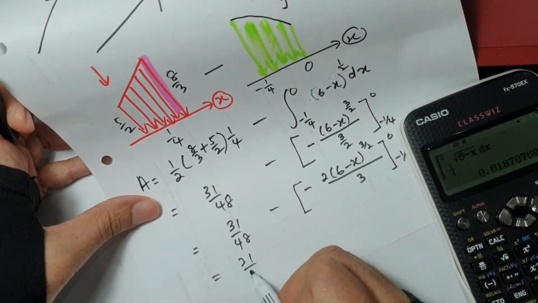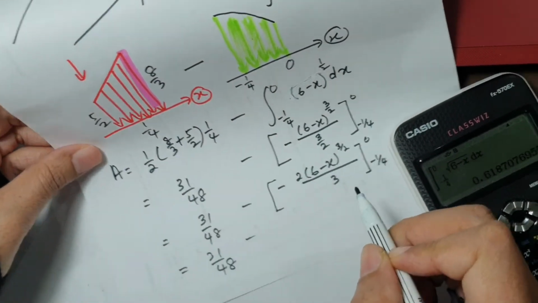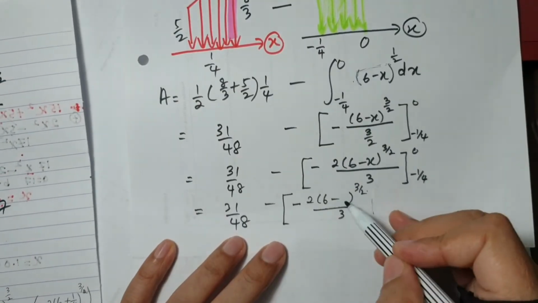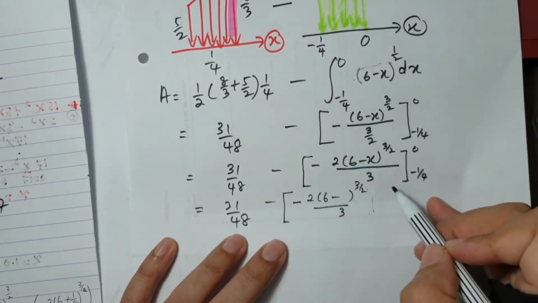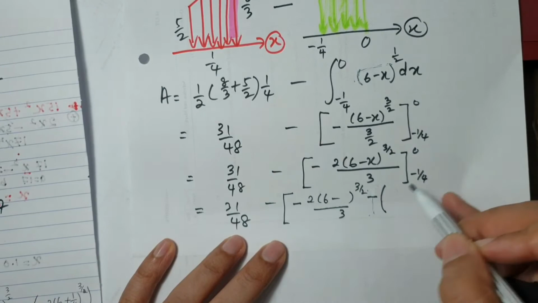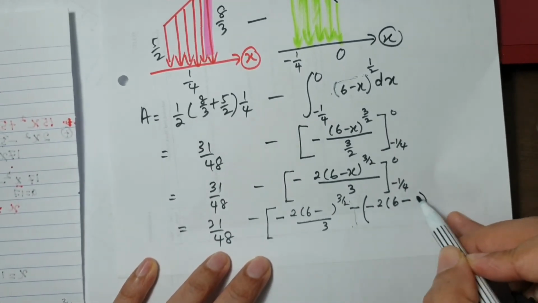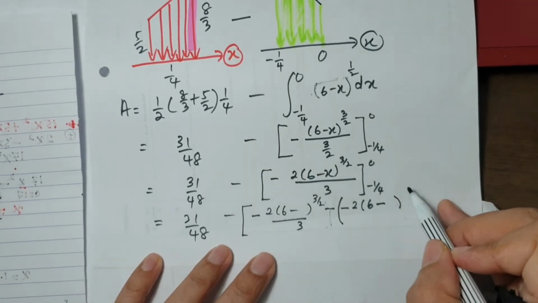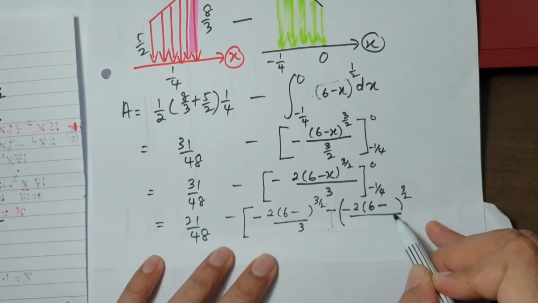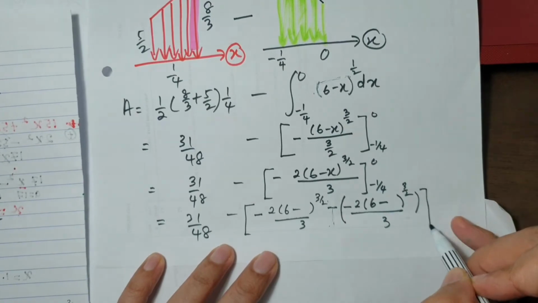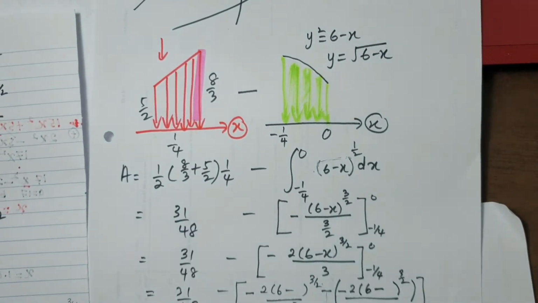Kita teruskan minus. Okay, so put in 0 and then minus. Okay, got negative 2. Then put in x as negative 1 over 4, right? Over 3, close bracket. Okay, kita masuk satu-satu.